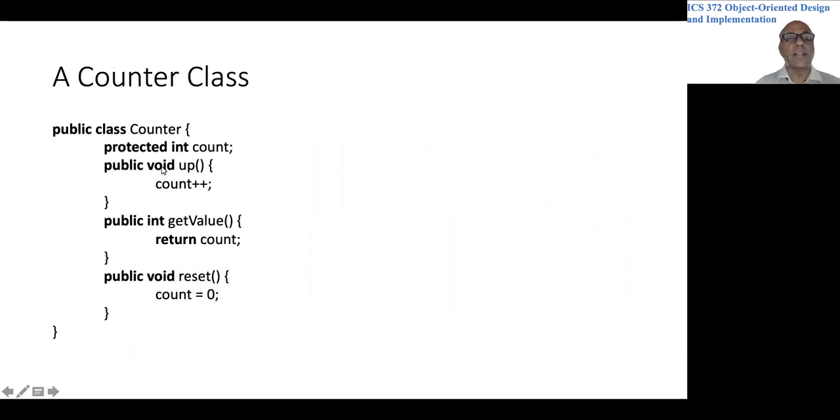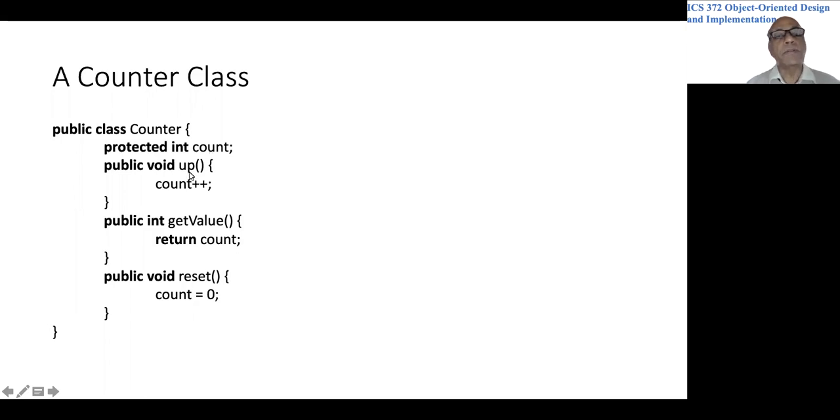Let's look at this class. This is a counter, public class counter. An object of type counter maintains a field called count, and it maintains the actual value of the counter.